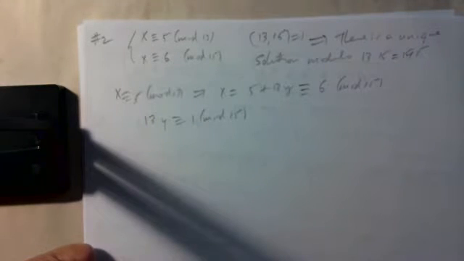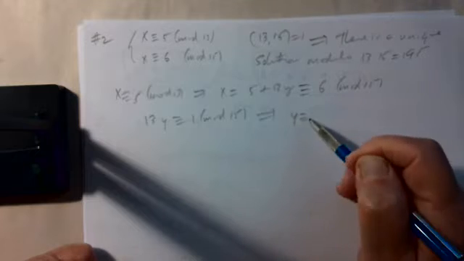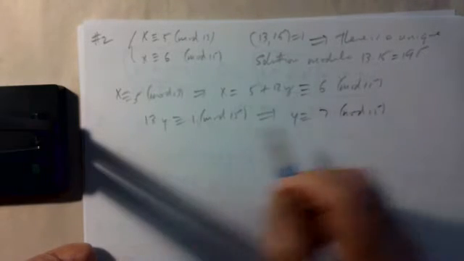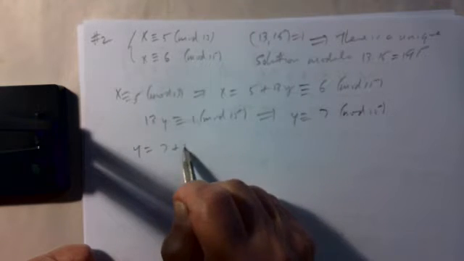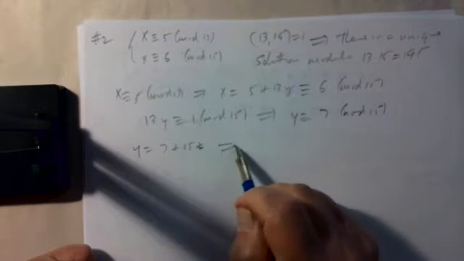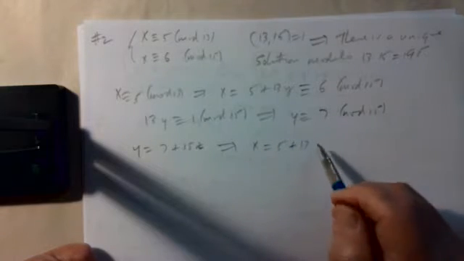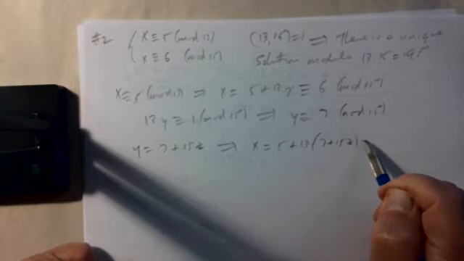We already solved this congruence. y is congruent to 7 mod 15. So y is any number of the form 7 plus 15z. And so x, which is 5 plus 13y, is 5 plus 13 times 7 plus 15z.